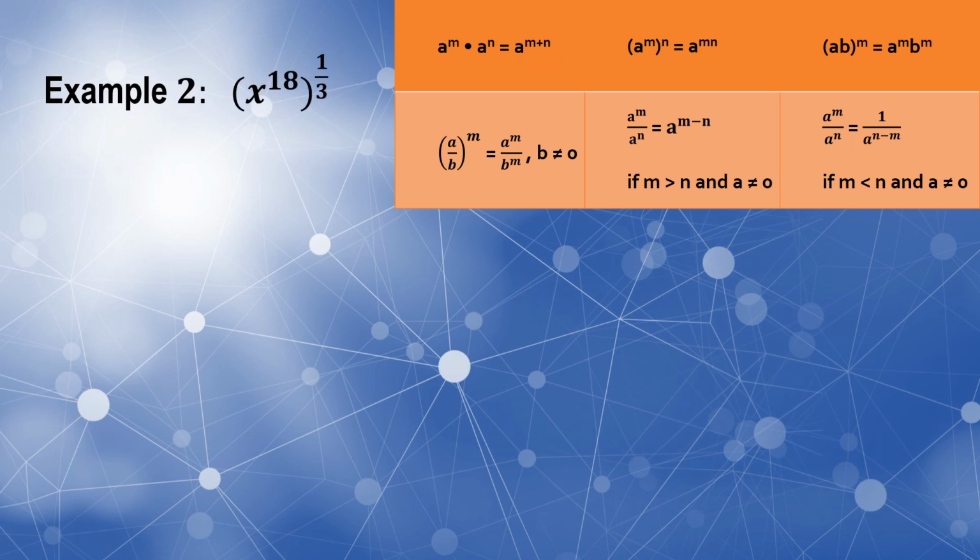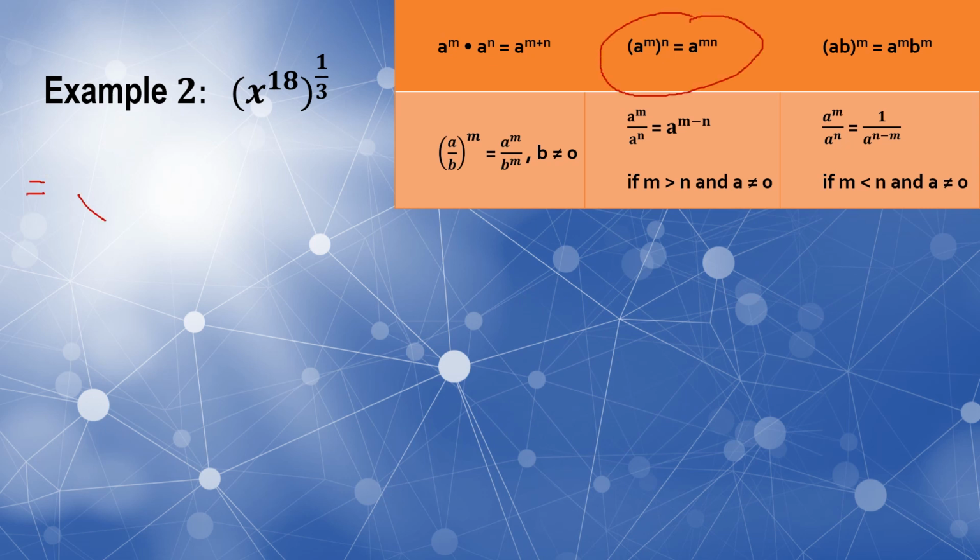Another example, we have x raised to the 18th power, quantity raised to 1/3. In the given laws of exponents, which are we going to apply? So in this case, we will apply this law.